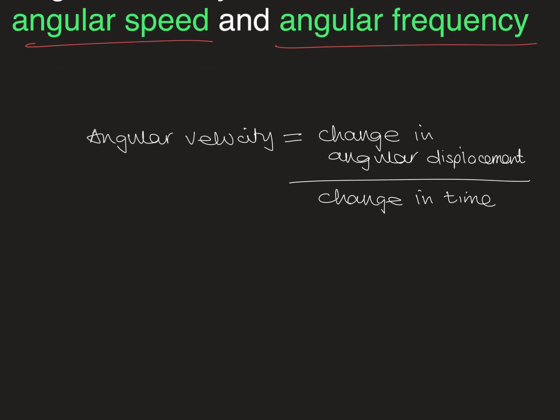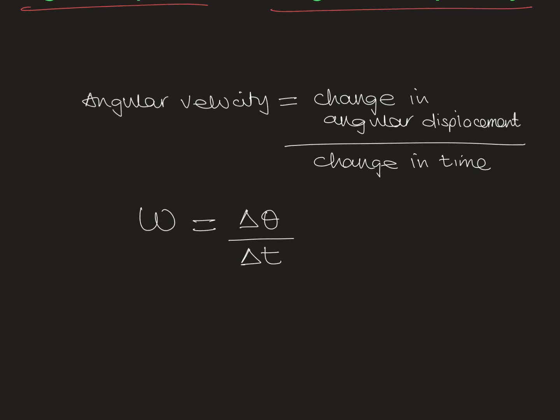So that is, angular velocity omega is equal to change in the angular displacement divided by change in time.